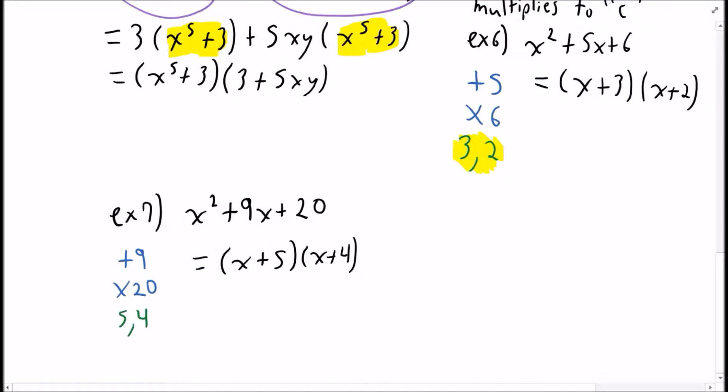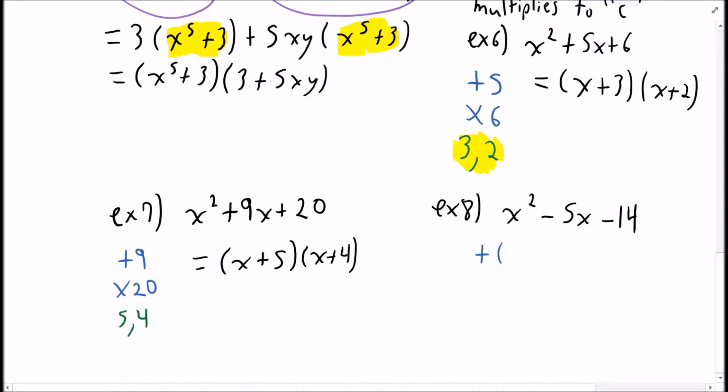Sometimes, the first two I've done there are both pluses. So sometimes there's a minus in there, so let's try one like that. So let's add x squared minus 5x minus 14. So what two numbers would add to negative 5 and the same two numbers would multiply to negative 14?